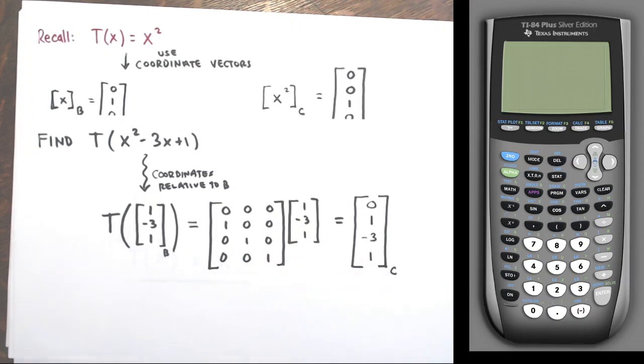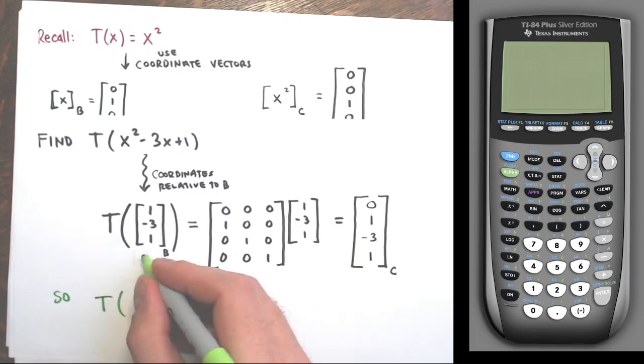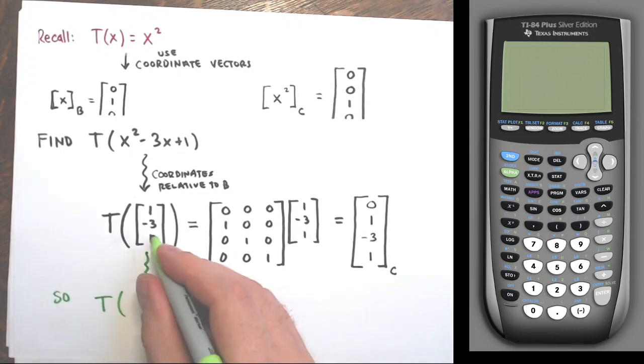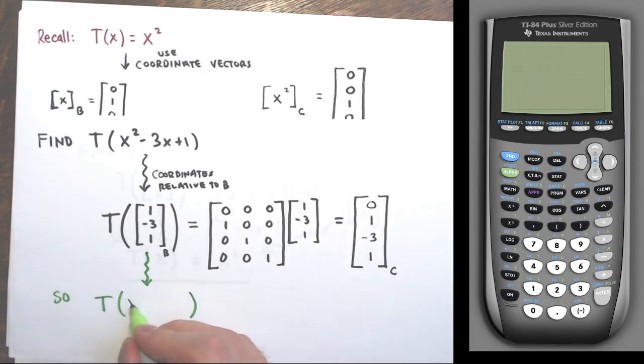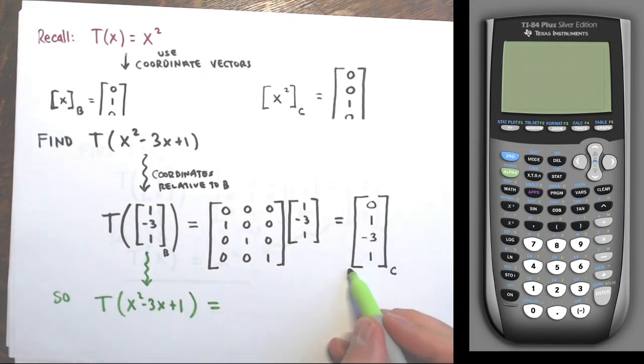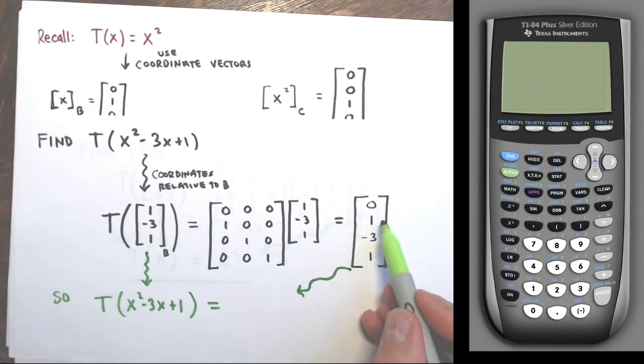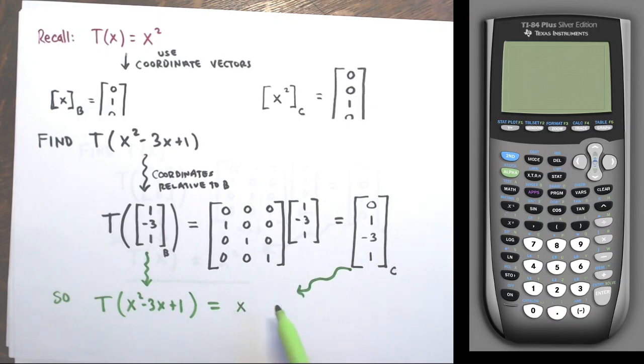What do these correspond to? T of x squared minus 3x plus 1 is equal to, and these output coordinates correspond to the vector 0 times 1 plus 1 times x minus 3 times x squared plus 1 times x cubed.